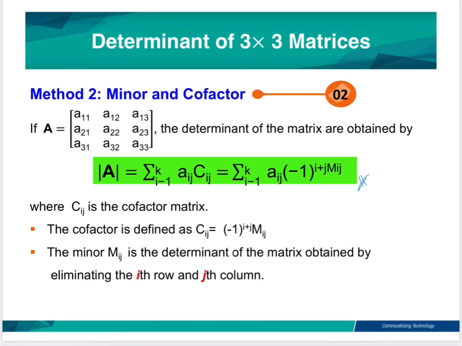Cij is the cofactor matrix. The cofactor is defined as Cij equals negative 1 to the power i plus j times Mij. The M is the minor, therefore the names minor and cofactor, which are the M and the C. The minor Mij is the determinant of the matrix obtained by eliminating the ith row and the jth column.